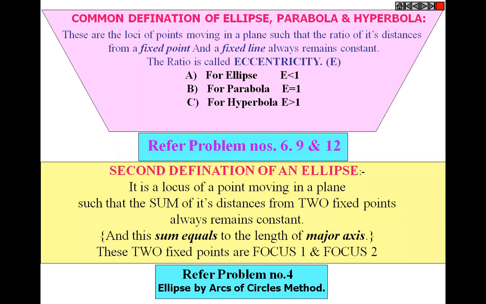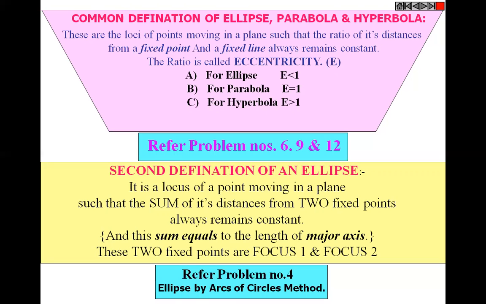In the common definition of ellipse, parabola, and hyperbola, the eccentricity is important. This is the locus of all points moving in a plane such that the ratio of the distance from a fixed point to a fixed straight line always remains constant.